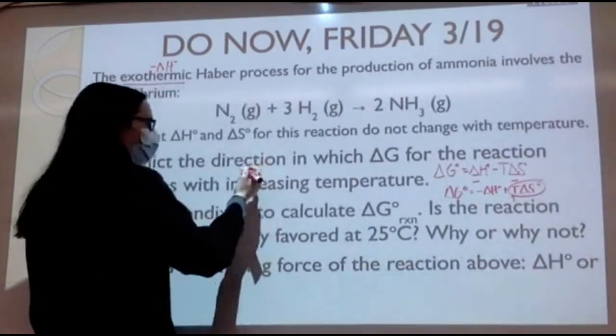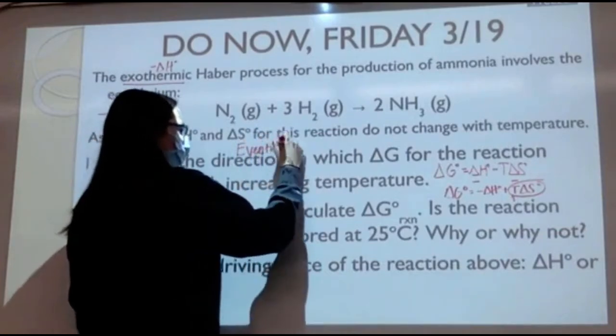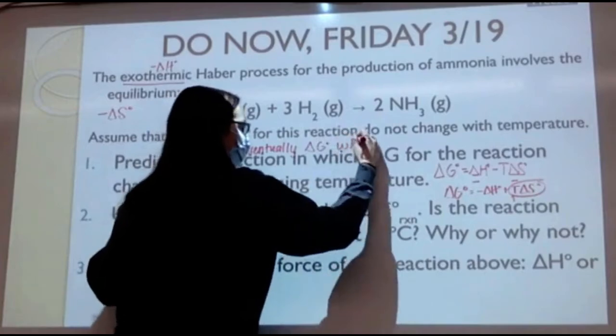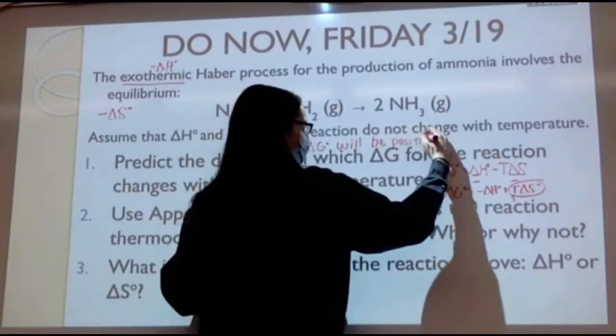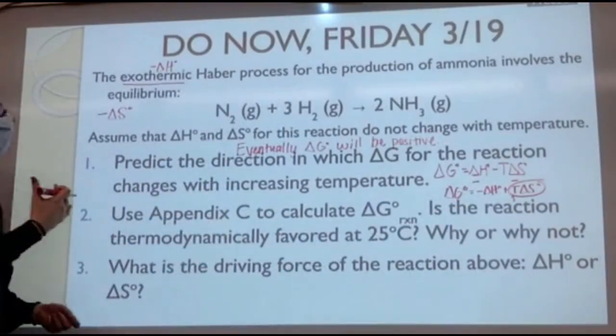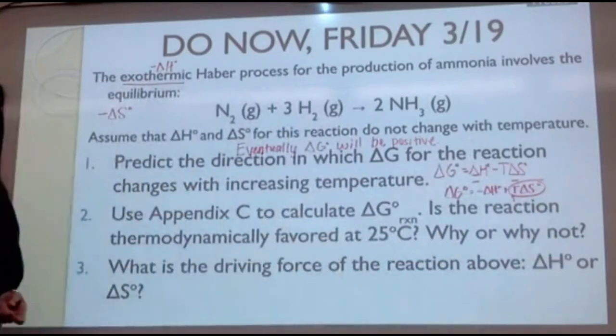So predict the direction. We can say eventually delta G will be positive. And our reasoning, like we saw yesterday, can be focusing on this and saying eventually T times delta S will be greater, resulting in a positive delta G.